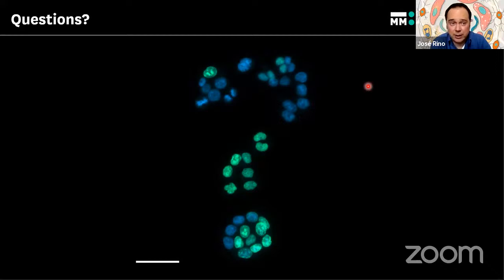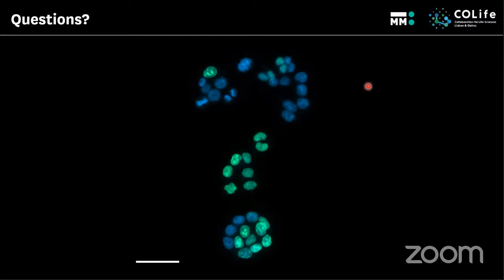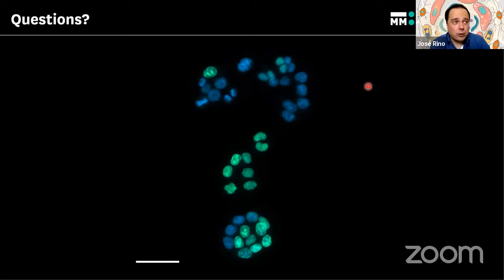On a spinning disk, you get one camera with 512 by 512 pixels, and you also cannot change the size of the pinholes on the disk because they are fixed. So you're limited to that.